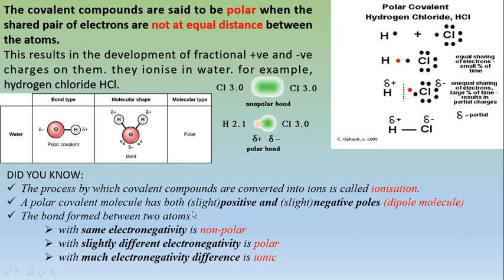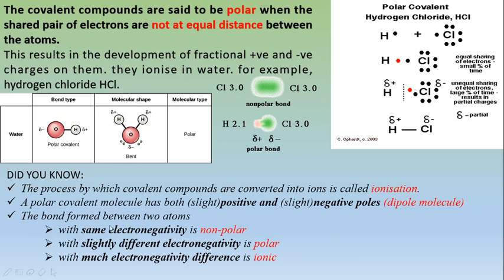Because of this, it is also known as a dipole molecule. Very important: a polar covalent molecule is also known as a dipole molecule, because it produces slight positive and slight negative poles.